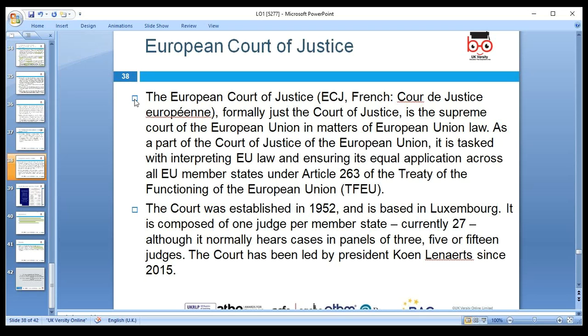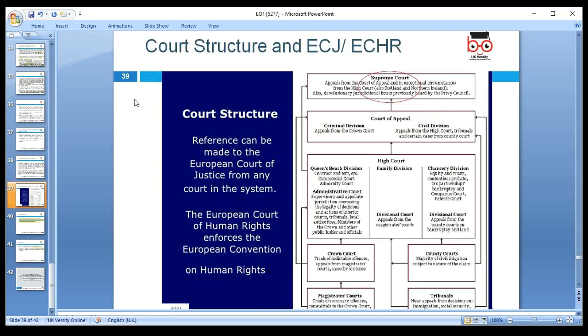The court was established in 1952, is based in Luxembourg, and is composed of one judge per member state, currently 27, although normally cases are heard in panels of 3, 5, or 15 judges. The court has been led by a president since 2000.